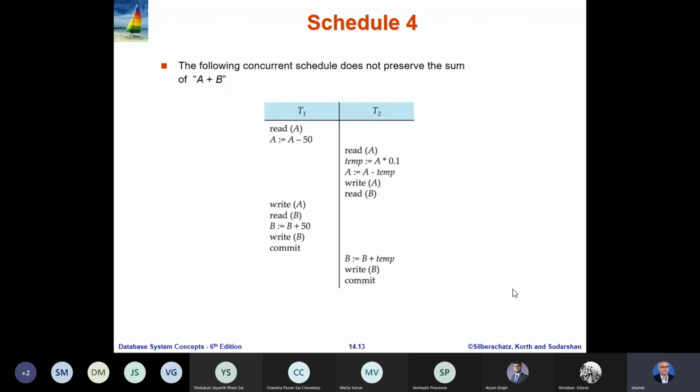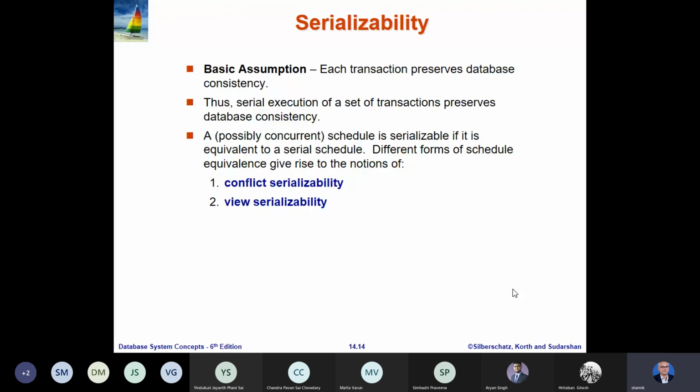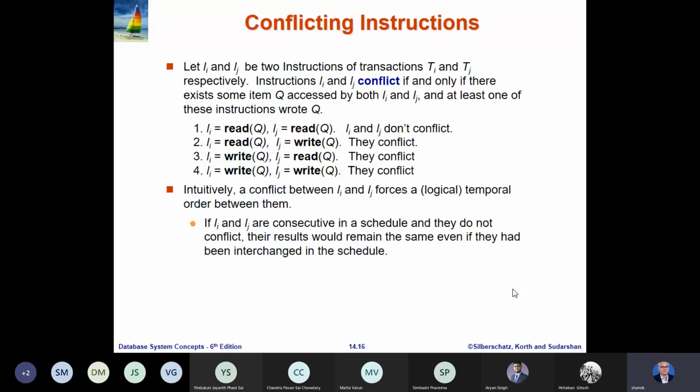Suppose I have transaction Ti with an instruction Ii, and another transaction Tj with an instruction Ij. These two instructions Ii and Ij conflict if and only if there exists some item Q accessed by both Ii and Ij, and at least one of these instructions wrote Q.